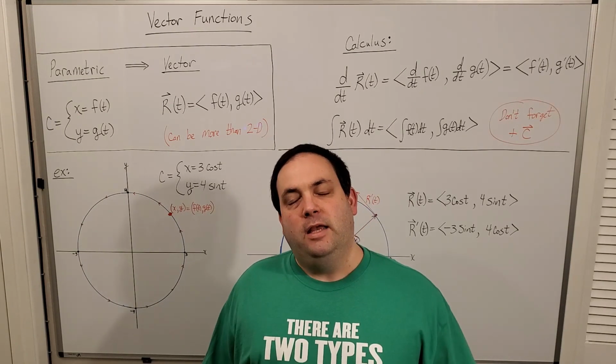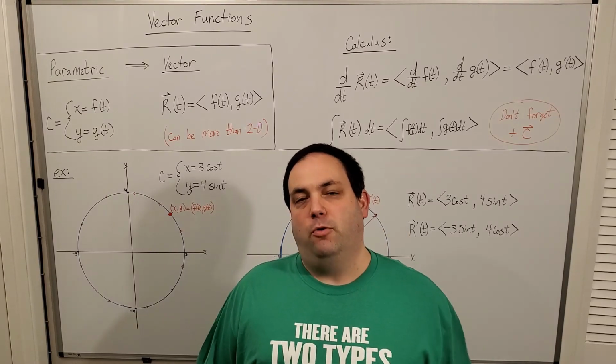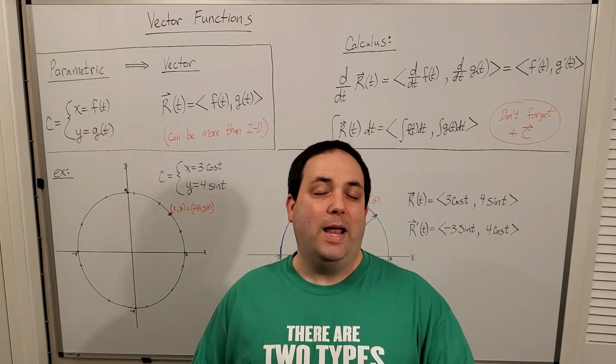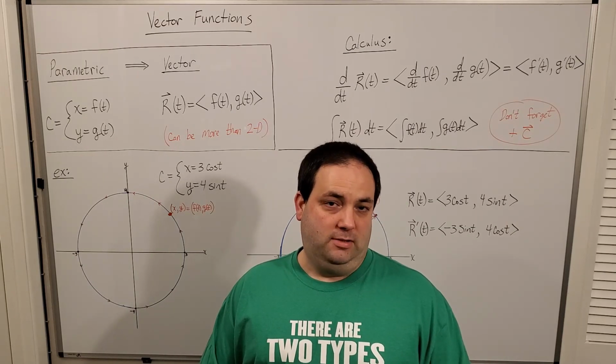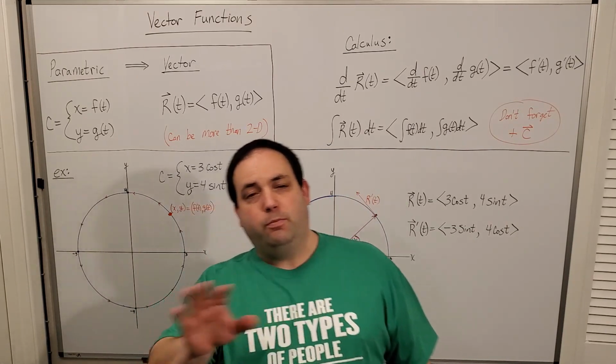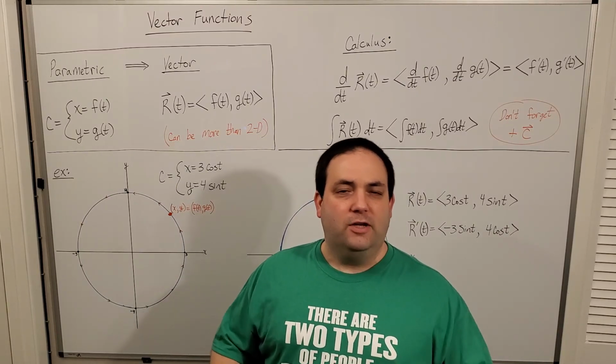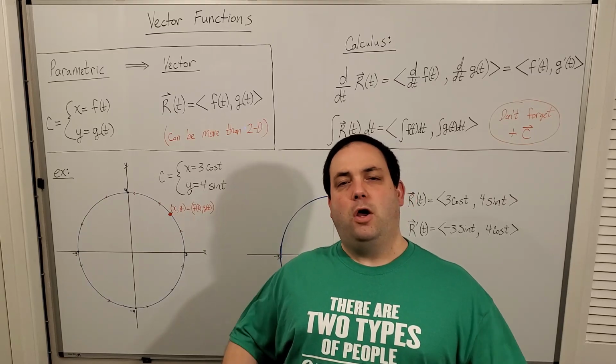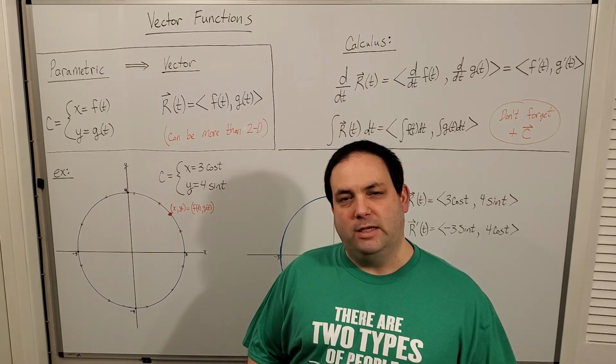And basically, this is sort of like another upgrade to the way that we analyze functions. We started with the plain ordinary algebraic definition of functions, and then in the last couple of units, we moved up into looking at parametric equations.